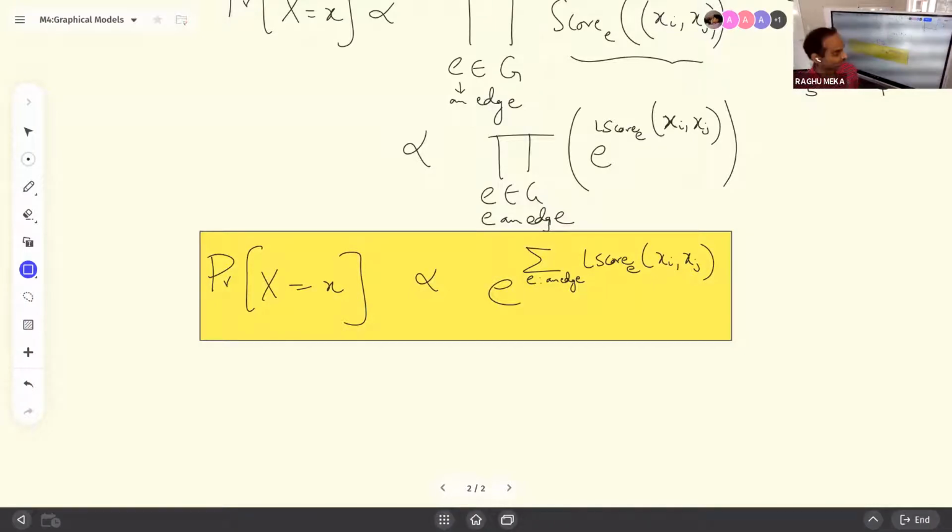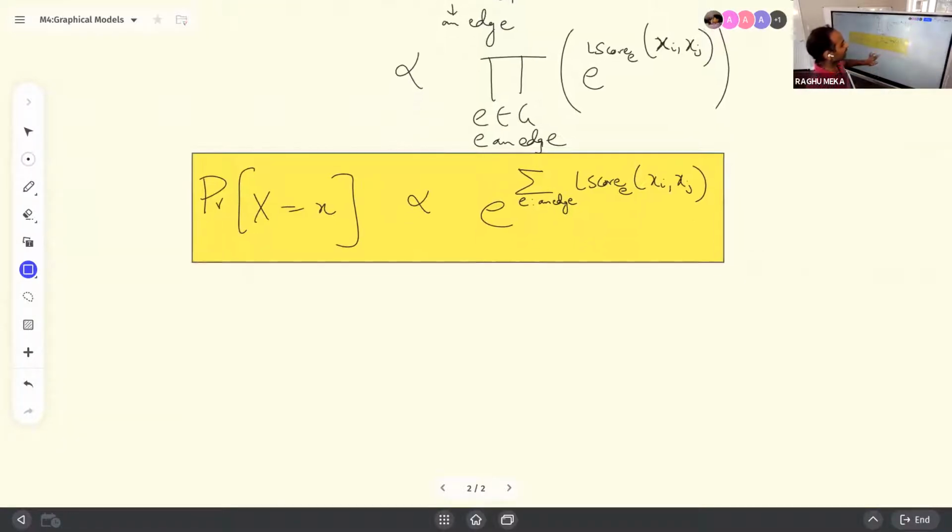Okay, so I haven't changed anything meaningful here. I just changed the way I'm parameterizing the score function so that the thing looks like e to the sum instead of taking products of things. Okay, and remember that xi and xj were bits, right?